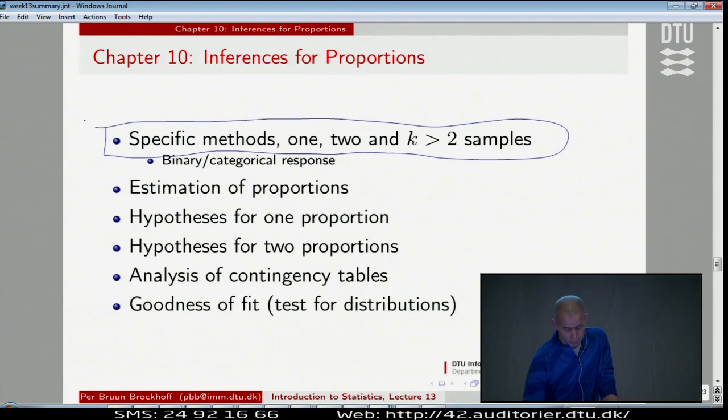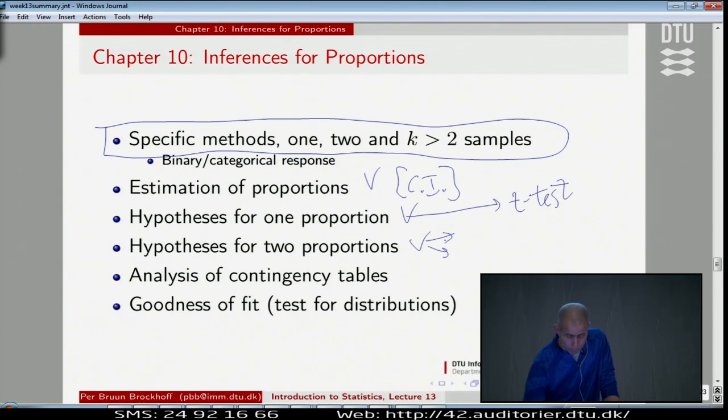We could estimate proportions, including confidence interval. We could do hypothesis for 1 proportion. We could do hypothesis for 2 proportions. This actually came out as a Z test. In fact, the 2 proportion thing was maybe, I think, not quite, but one of the few things in the course where we were given 2 alternatives for the same thing.